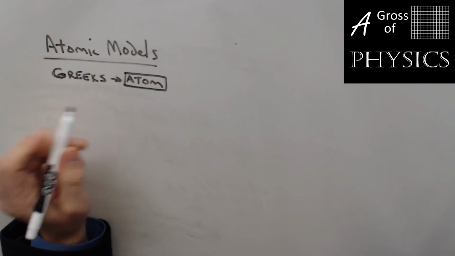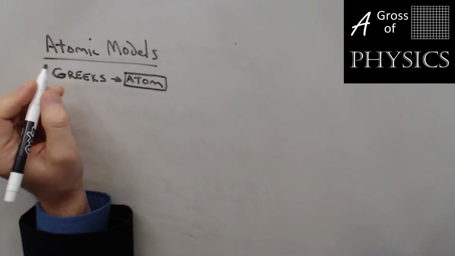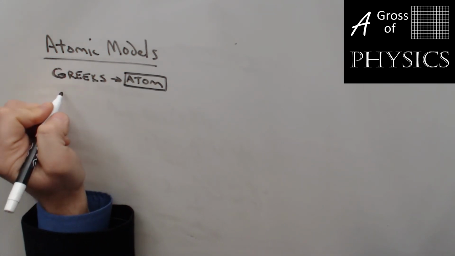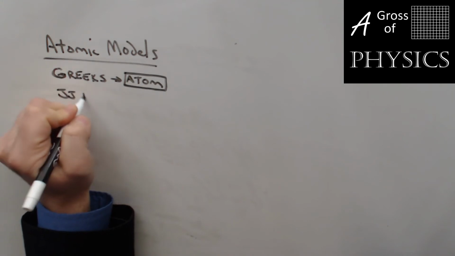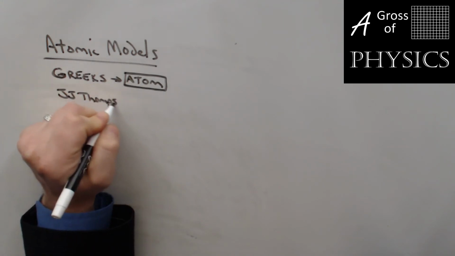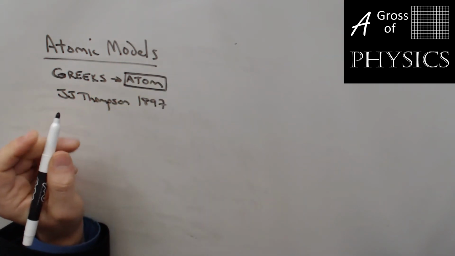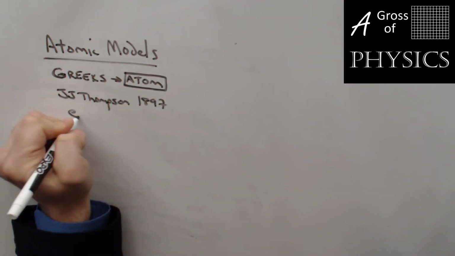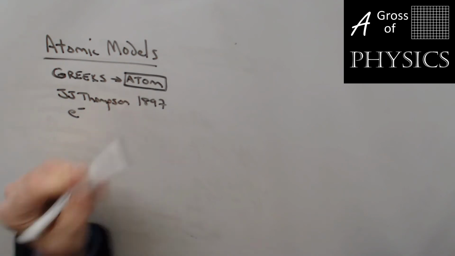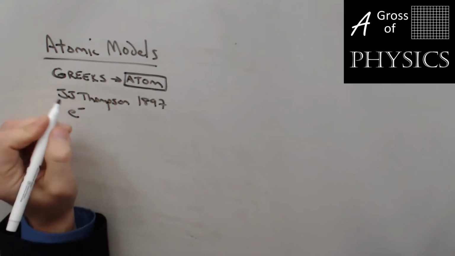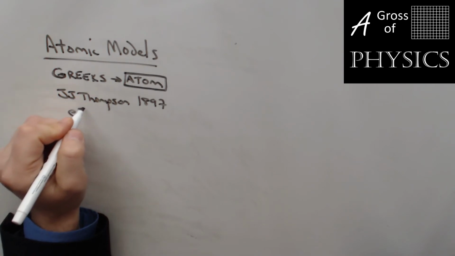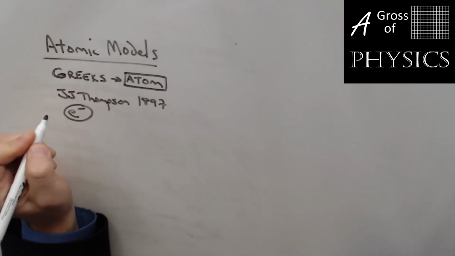Fast forward hundreds of years, many centuries later, and we have J.J. Thomson. And in 1897, he was the one who discovered the electron. And he found that the atom is not the smallest building block. We could actually break it smaller into what we found to be this electron.